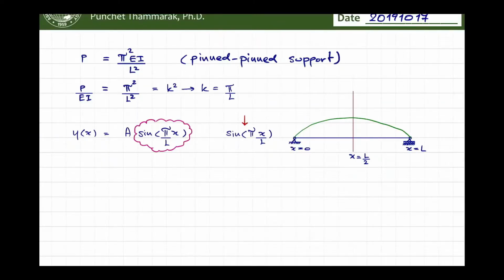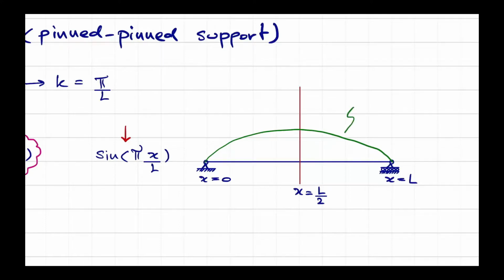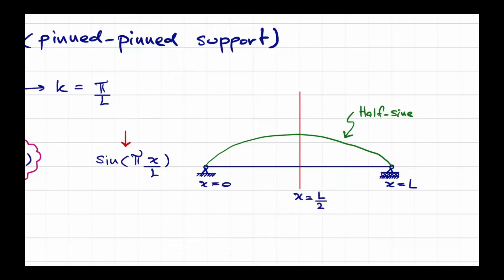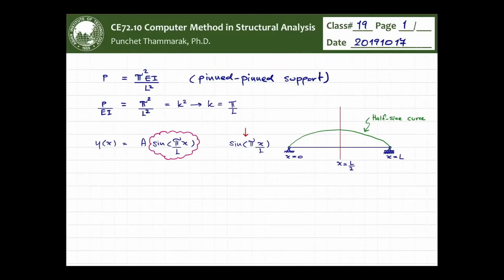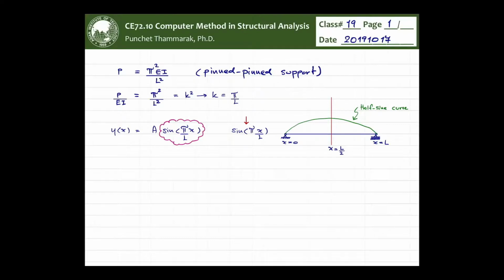So that's why I said that this is the half sine curve. We don't really know this ahead of time, but we figure it out from the mathematics that the deformed shape is controlled by this trigonometric function sine. Basically, this is your eigenvector.